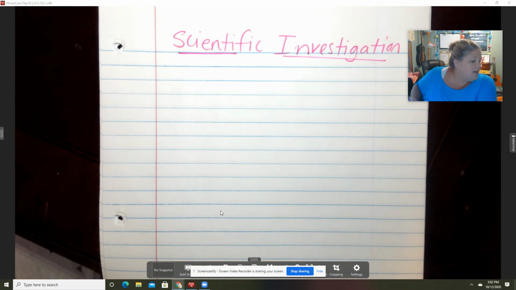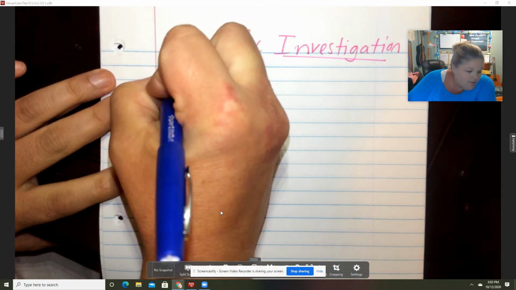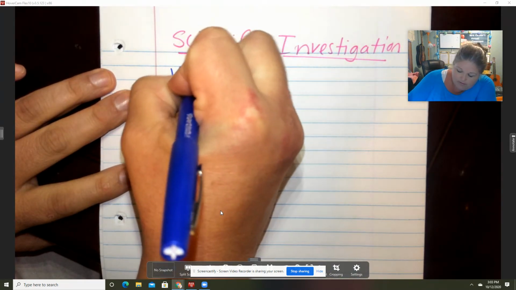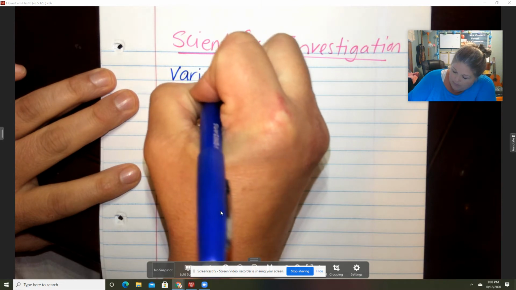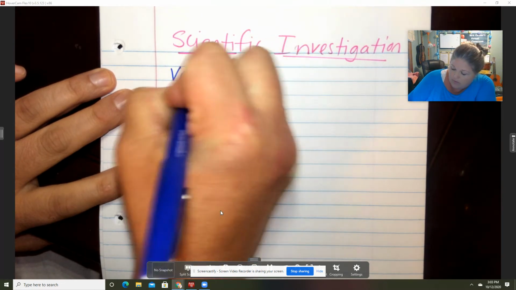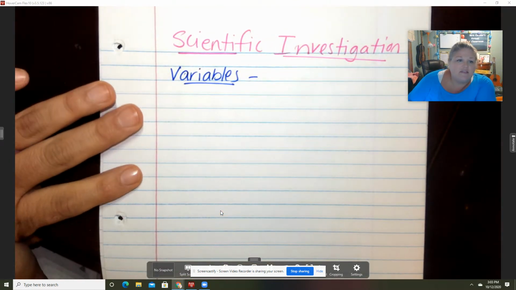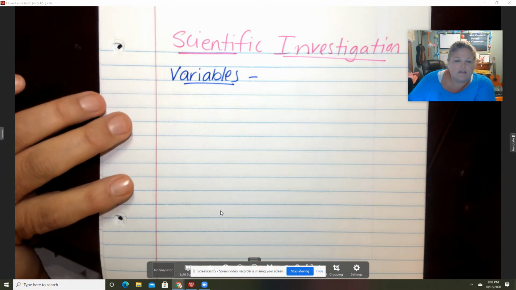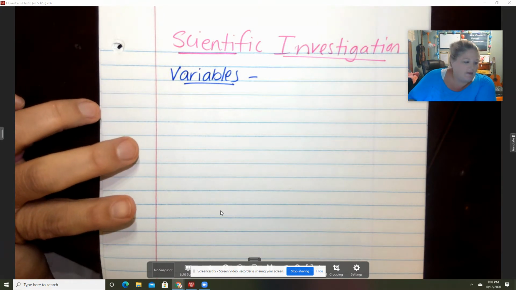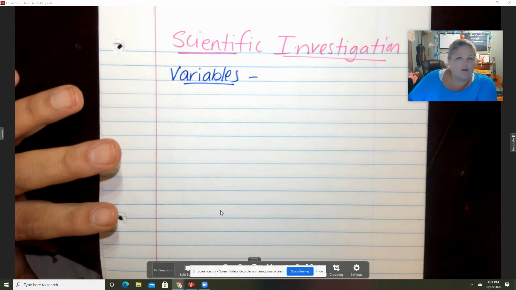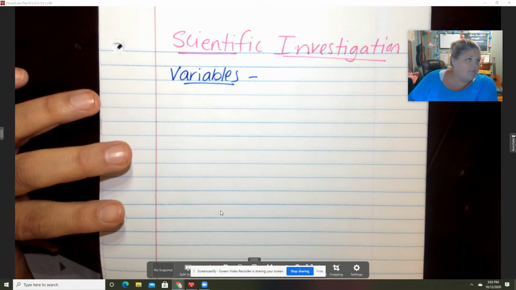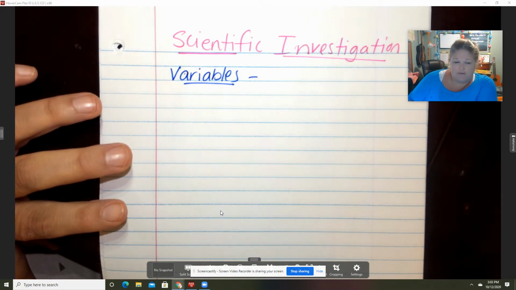So we're going to talk about two things: variables and then types of data. The first thing we're going to talk about is variables. When you're doing a science experiment, there are going to be variables that you have to think about. Variables are parts of the experiment.